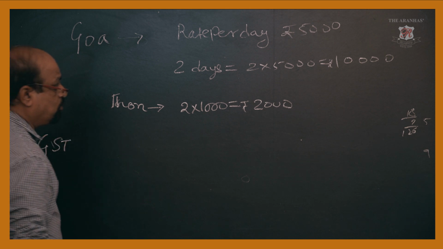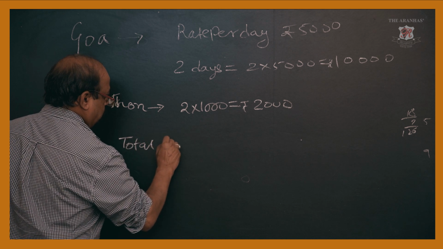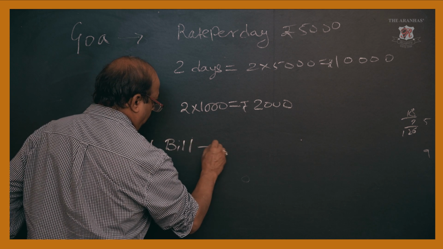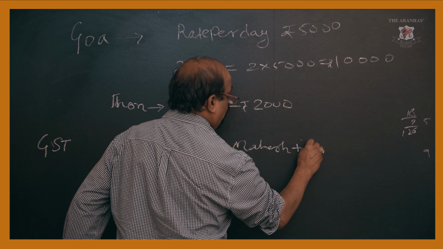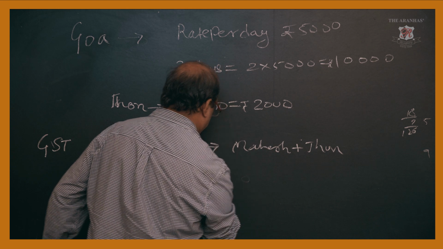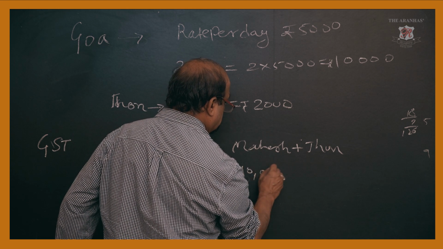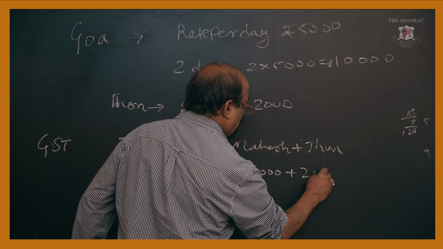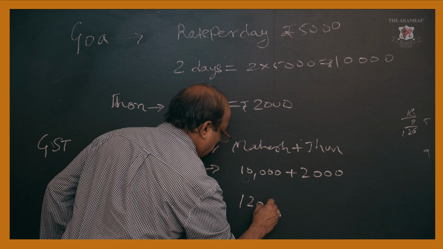So what we will do, we will add up the total bill of Mahesh and John, that will give 10,000 plus 2,000, that will be 12,000 rupees.